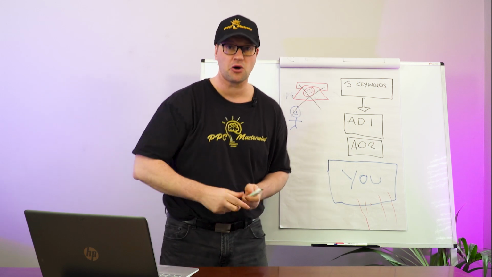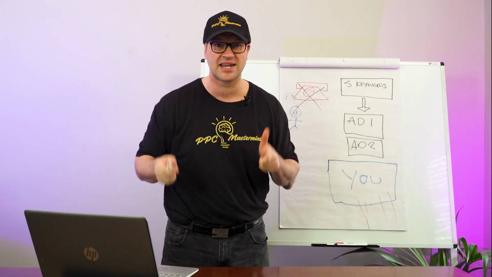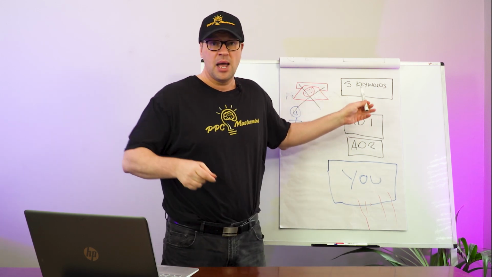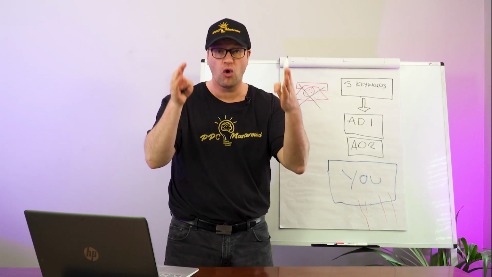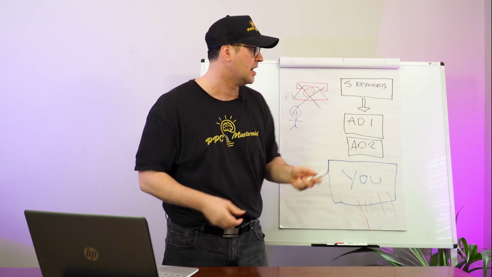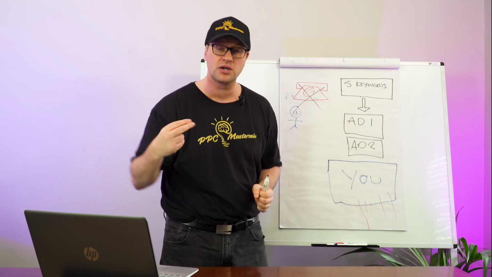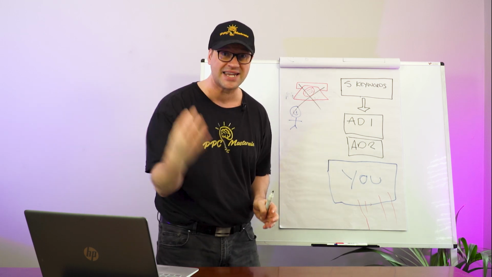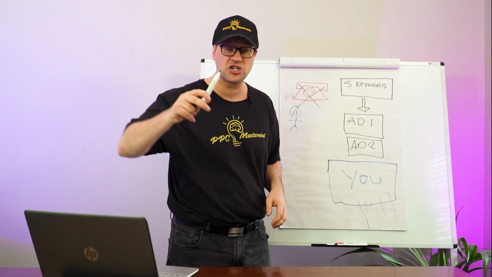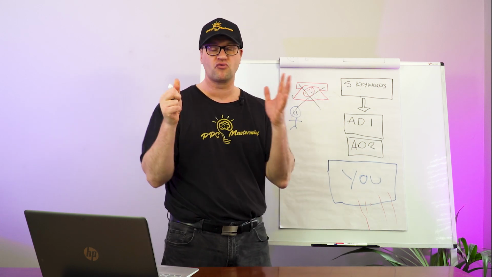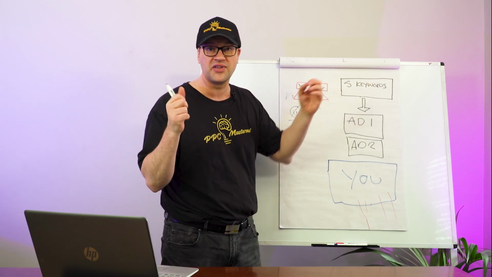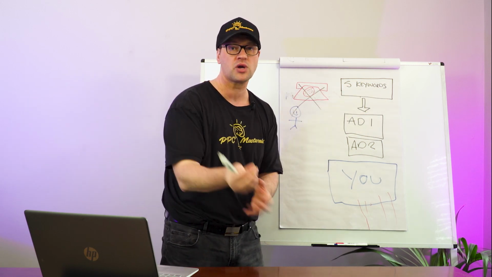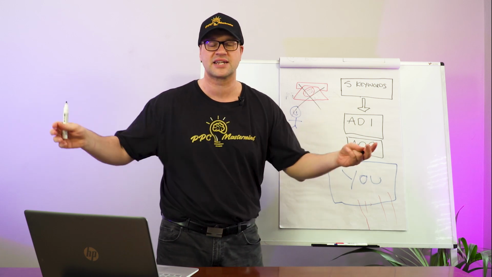But here's the thing. This is what makes it so powerful for you as a real estate agent: people are going to Google, and they're actually wanting your real estate services. What you need to do, being a smart real estate marketer, is position your ad, your real estate business, on Google so you get in front of these exact people that are looking for a local real estate business.